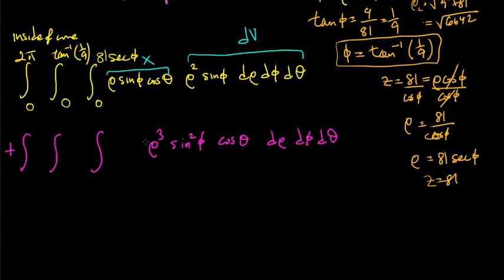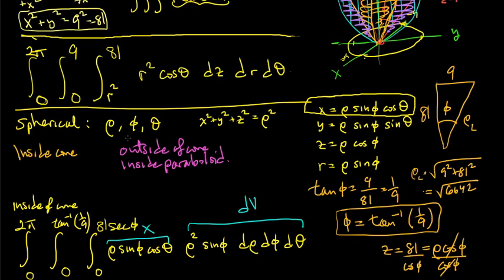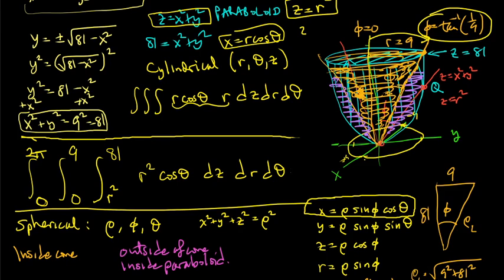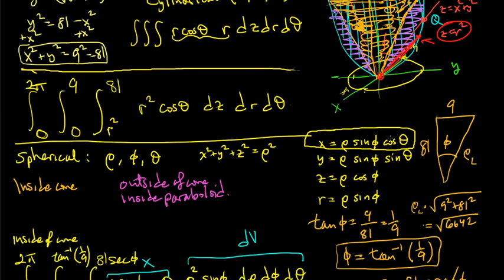Now we need the bounds, and again, that's usually the hard part. Let's look at the picture again. What is rho doing? We're starting at the origin and moving outward until we hit the paraboloid. The paraboloid is z equals r squared in cylindrical.